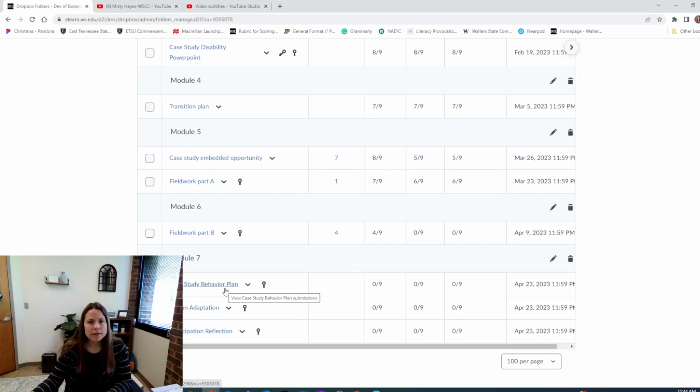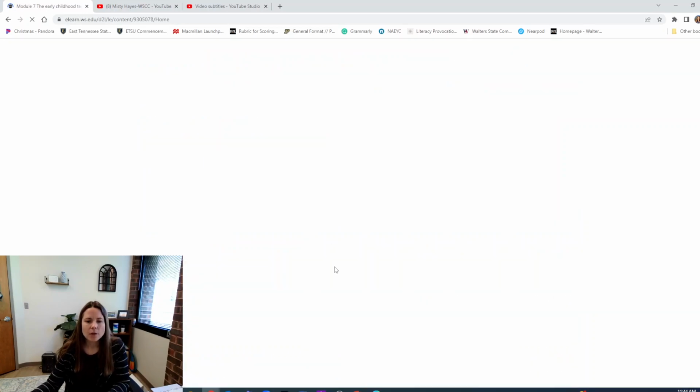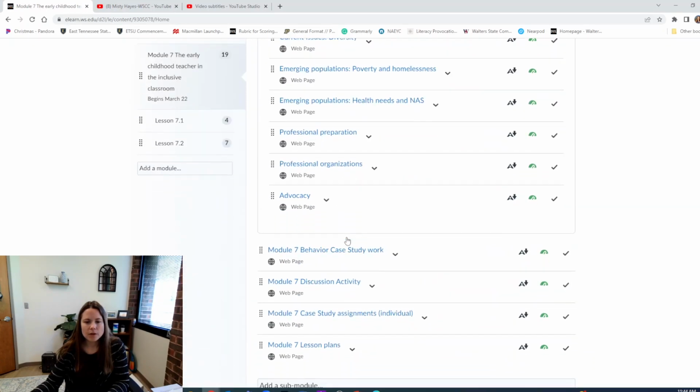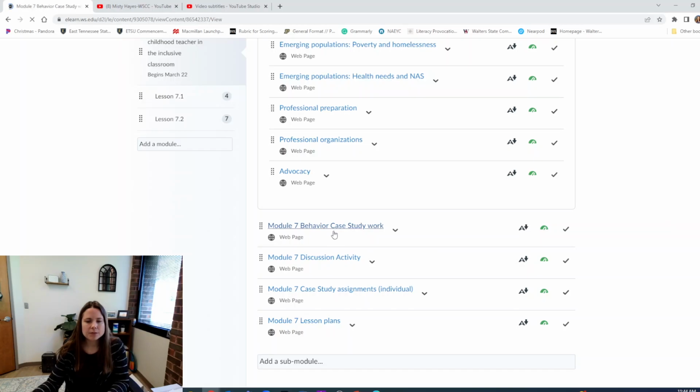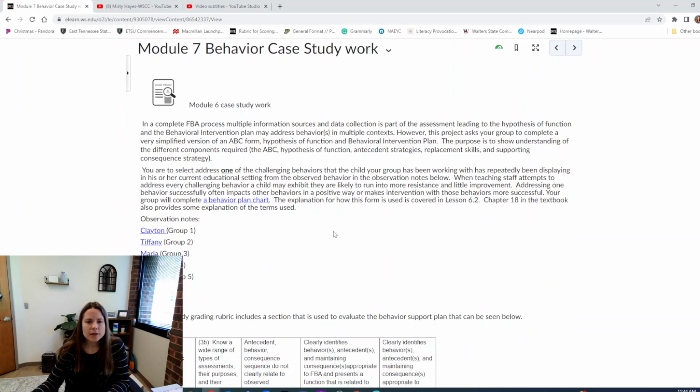The last part that you're going to complete is the behavior plan. So go back to Module 7, scroll all the way down, and you're going to see behavior casework. What you're going to do is look at the same case study child that you did the lesson for. You're going to look at one of the challenging behaviors that your child has, and you're going to do a behavior plan for them.